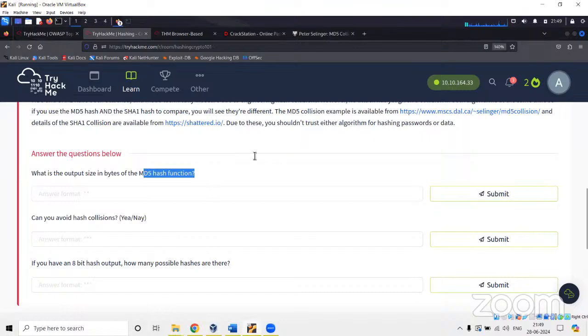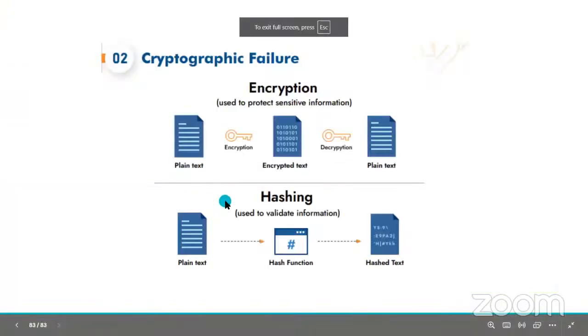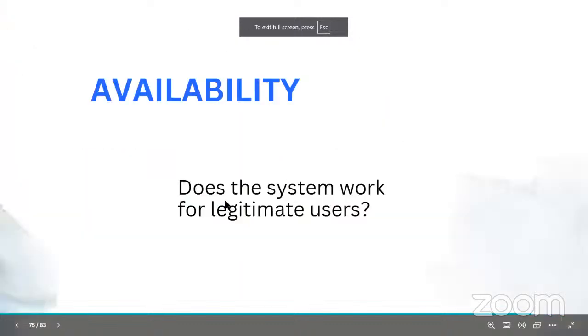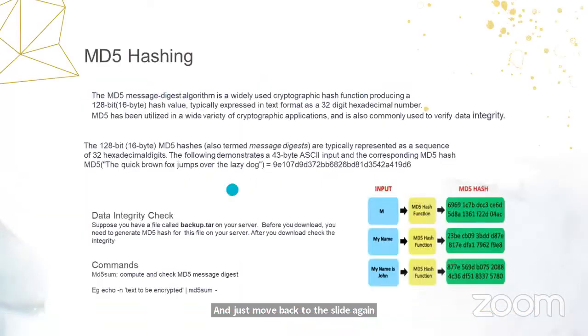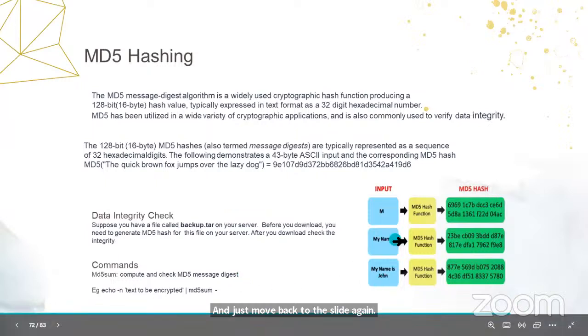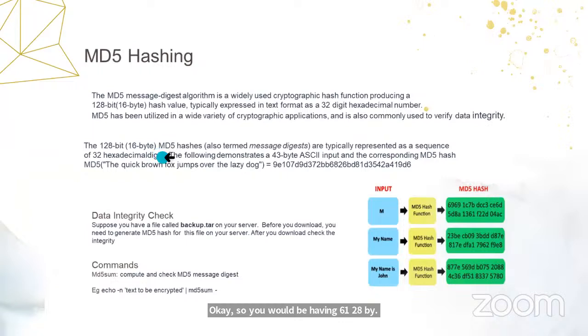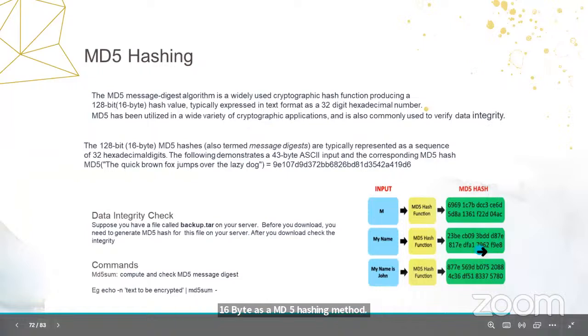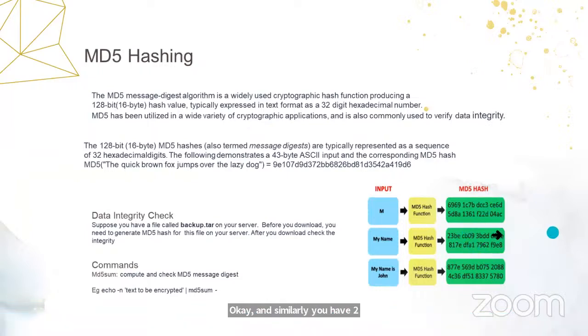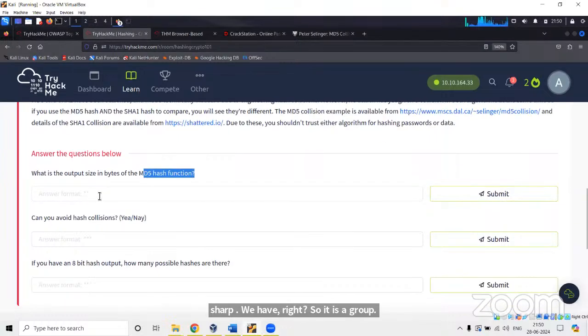No idea. I'll just move back to the slide again. You see over here, MD5 has 128 bits, which is 16 bytes. Similarly, SHA-256 is 256 bits. So this is 128 bit, and here the output size is 16 bytes.